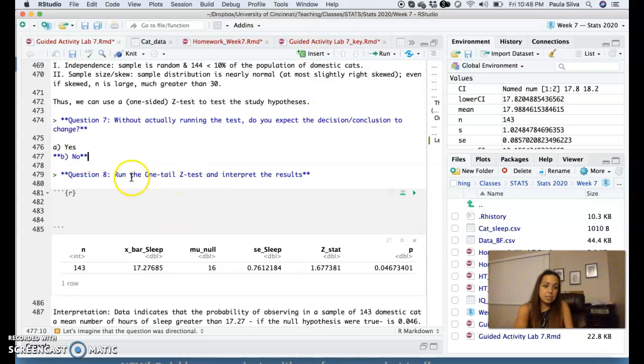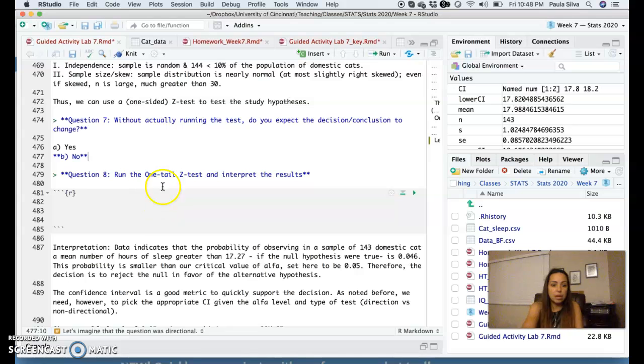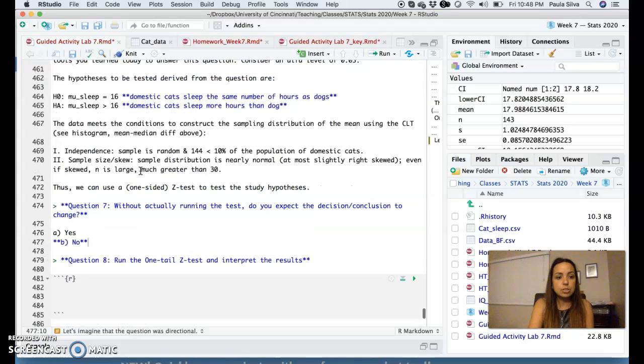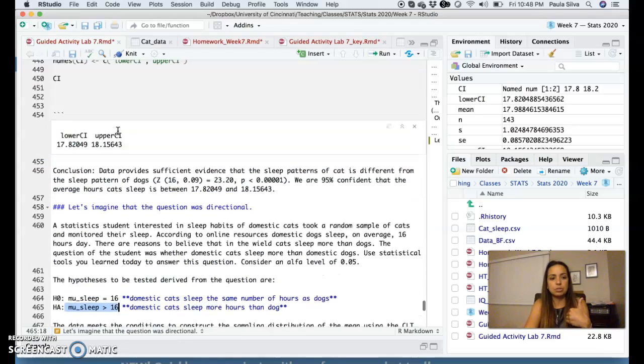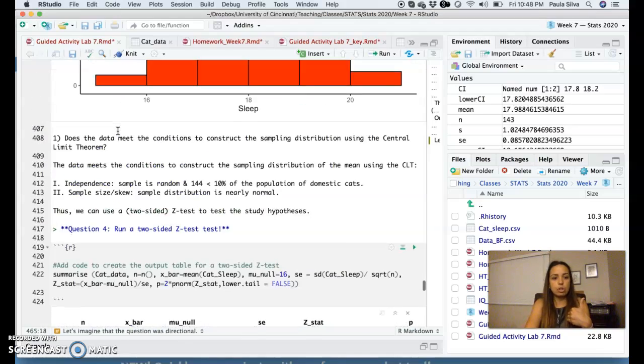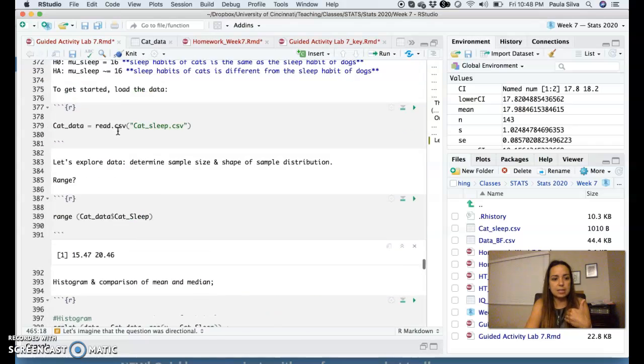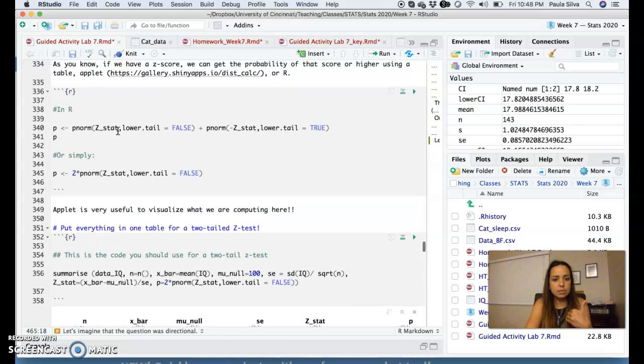In question 8, I'm asking you to run a one-tail z-test and interpret the results. Let's look at our hypothesis. Our hypothesis is related to the average sleep being greater than. So we need a unidirectional z-test that looks like that. So let's find it. So that's a two-tail.